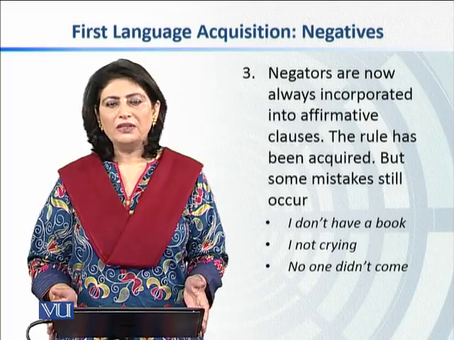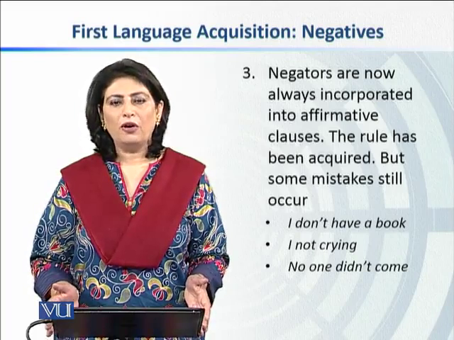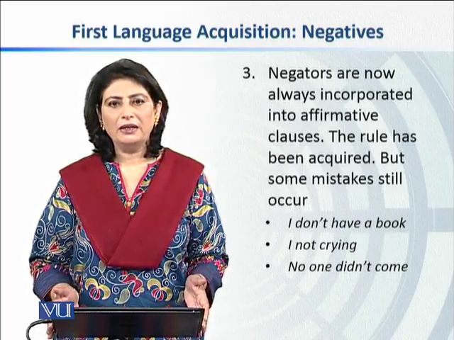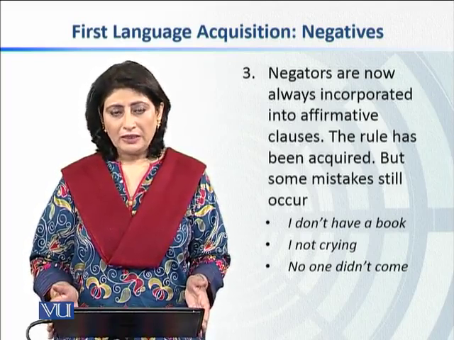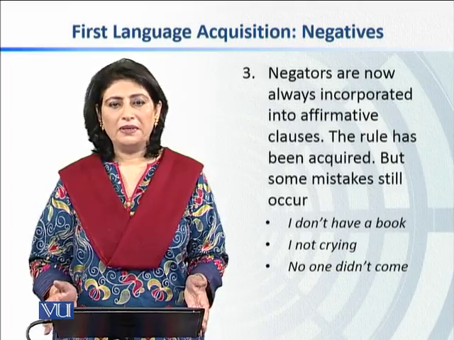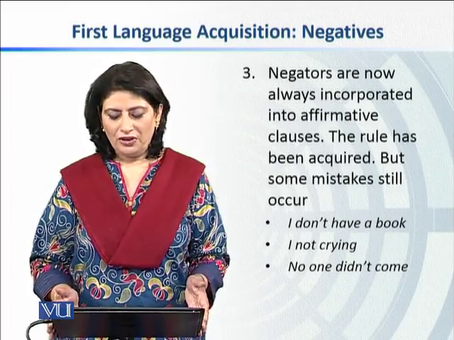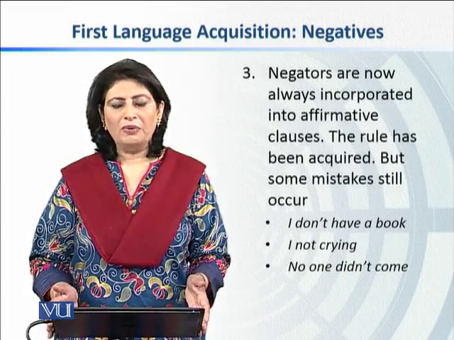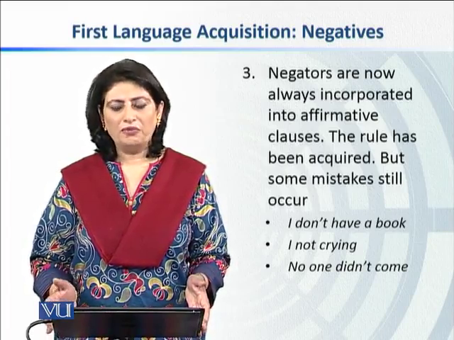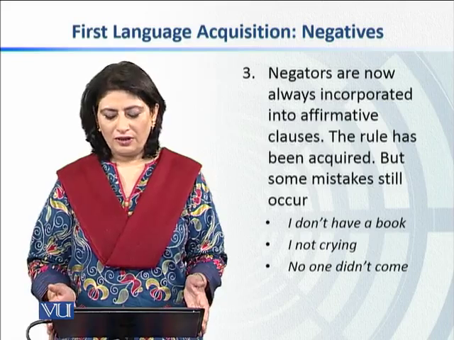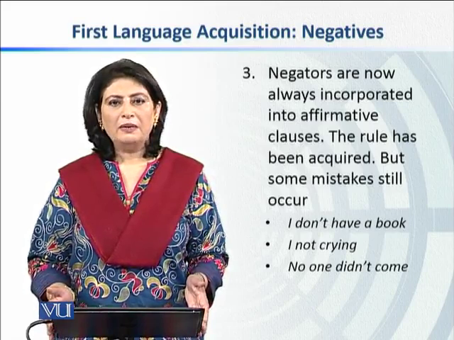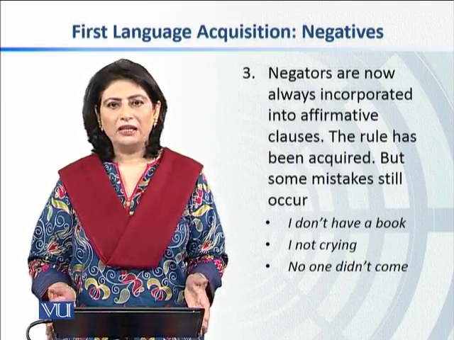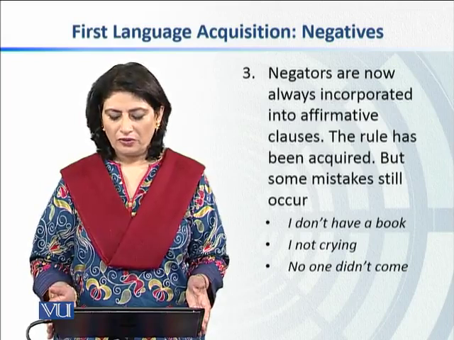So that means that the rule of incorporating a negative marker in an utterance has been acquired, but there will still be some mistakes at this stage. So they will utter the right form of the utterance, for example, I don't have a book, perfectly all right, but they might also say, I'm not crying, and they'll forget something that goes along with it.